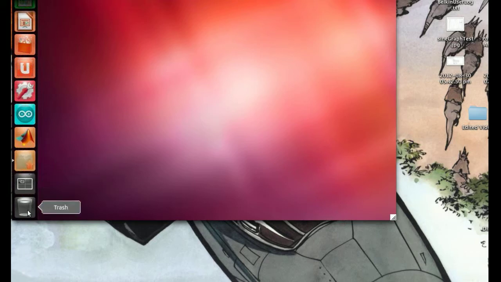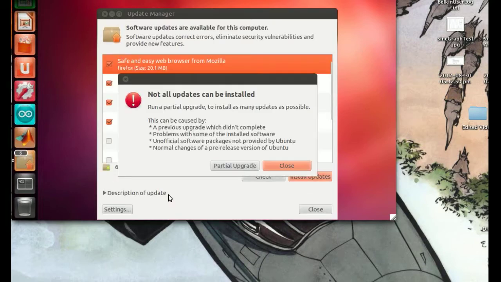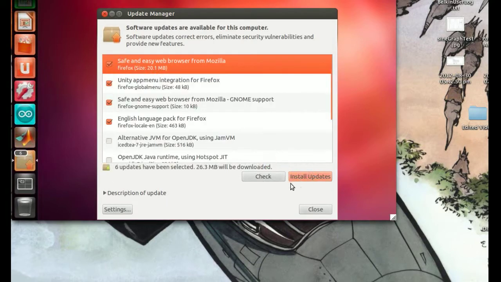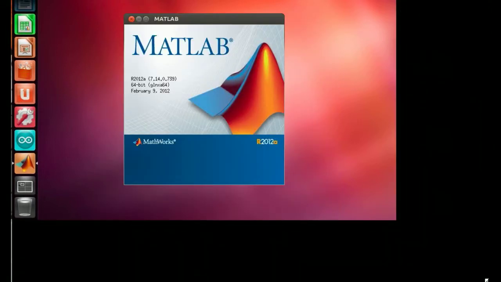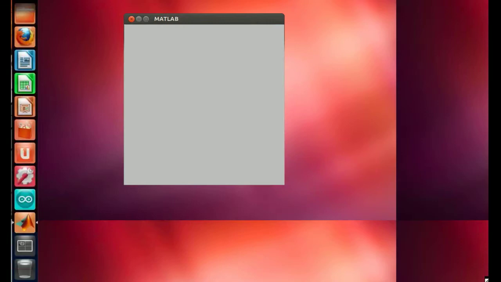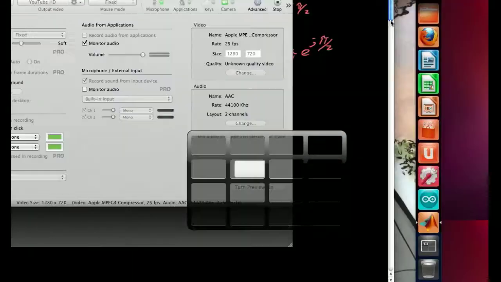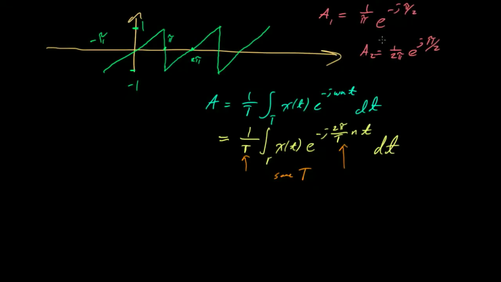This e to the minus j omega n t is this piece, which corresponds to the cosine that you're checking to see if that's in that signal. Okay? But I like having it in the form of period because the period of the original signal never changes. You don't want to have too many omegas floating around. I think it's a little bit more clear cut. Okay? So in this case, let's go back to our original problem and let's solve this.